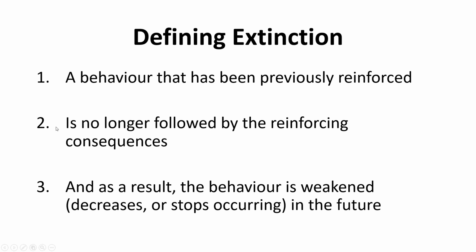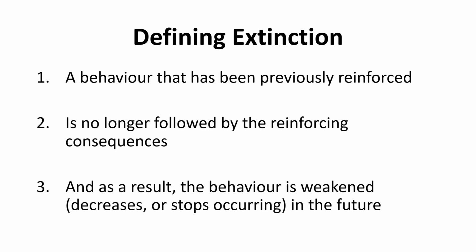To have effective extinction, it has to be an absolute stopping of reinforcement. But if we do manage to have a complete stop in that reinforcement, and we start seeing that reduction in behavior, at the end we can say that a behavior has either undergone extinction or that the behavior has been extinguished. Those terms tend to be used interchangeably.